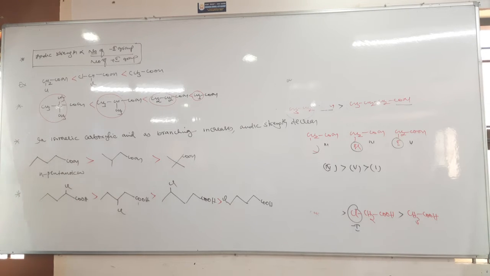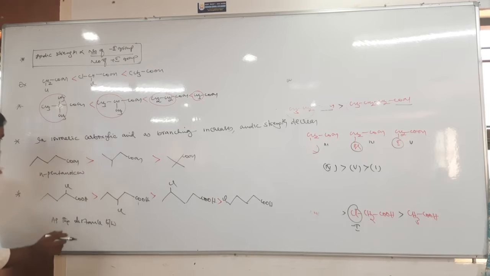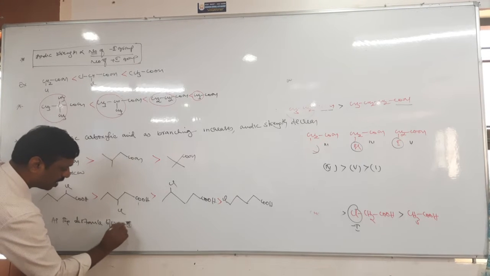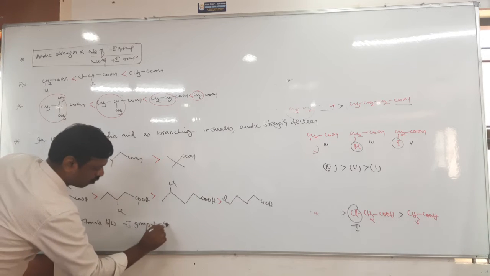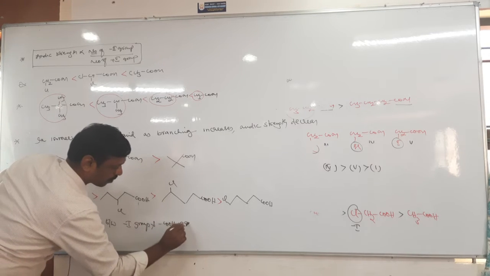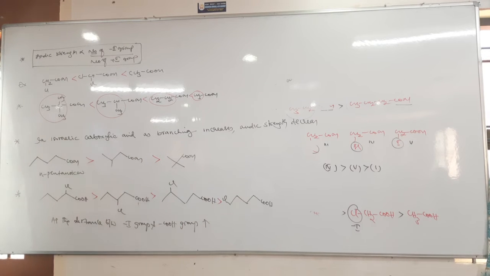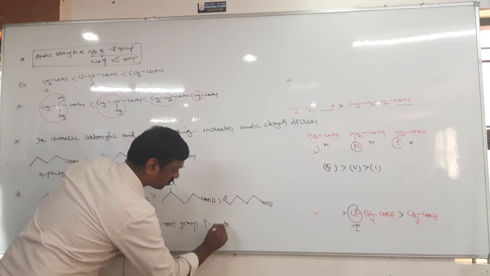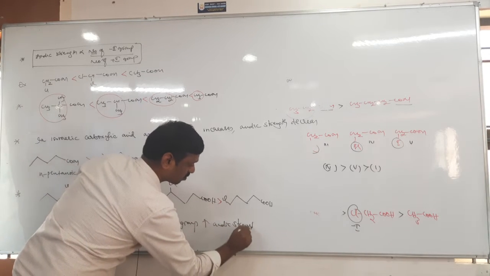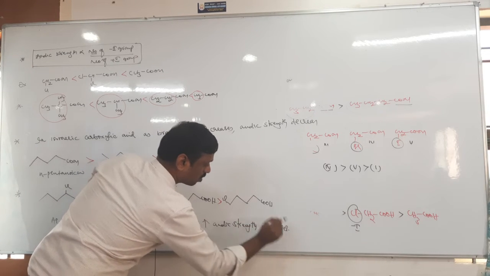So therefore, as the distance between the minus I group and the COOH group increases, acidic strength decreases.